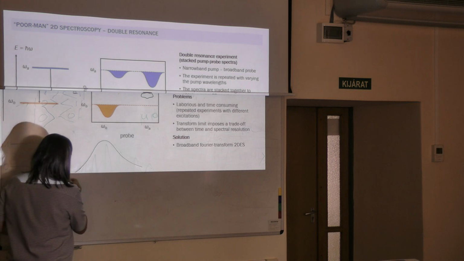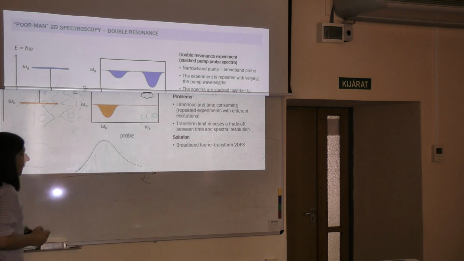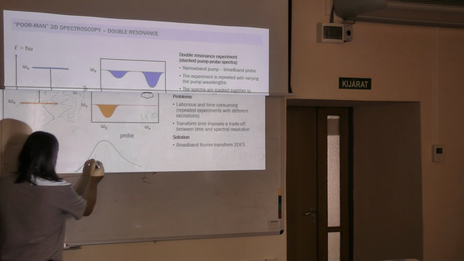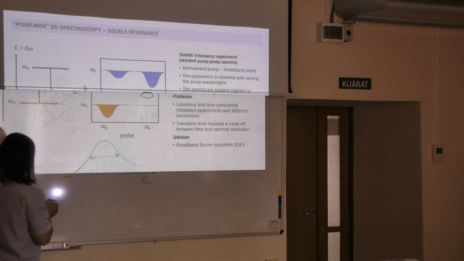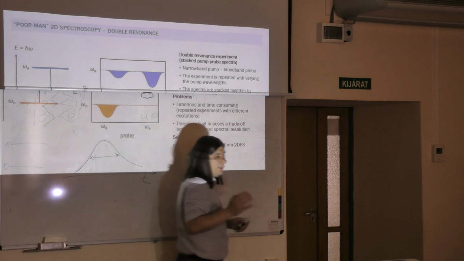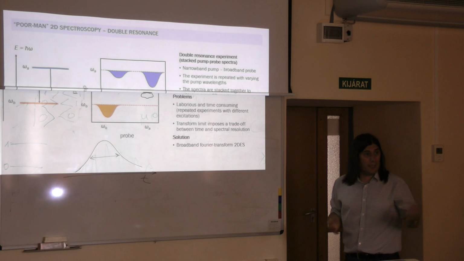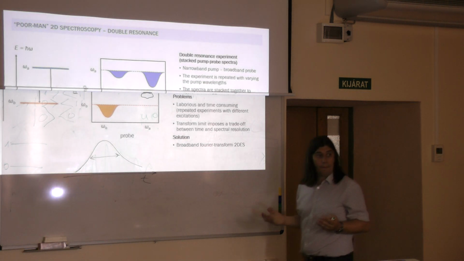I forgot to mention, this is in time. Now in frequency, we Fourier transform a Gaussian, and the width... the transform limit is, again, like the uncertainty principle: the product of the two widths in time and in frequency domain is 1.